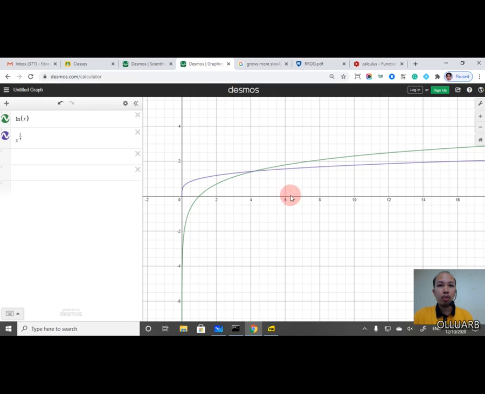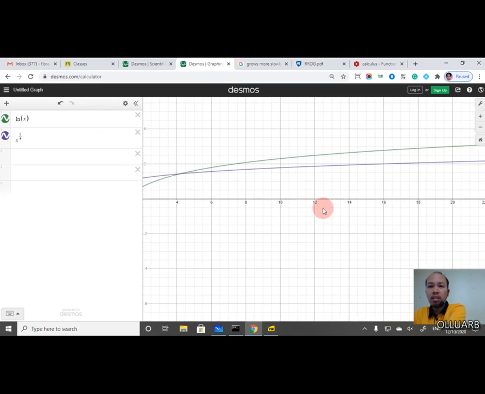Maybe you are confused with the graph, but if you zoom in, you will notice that the purple graph moves upward and is much bigger now than the green graph.